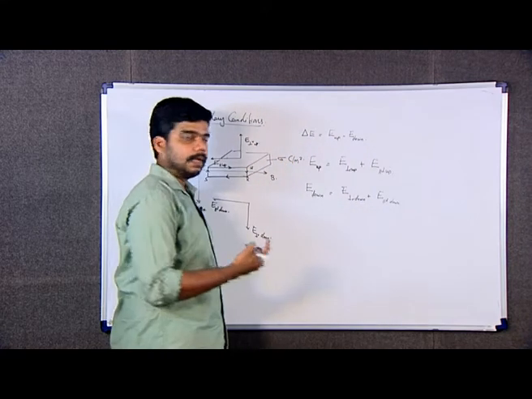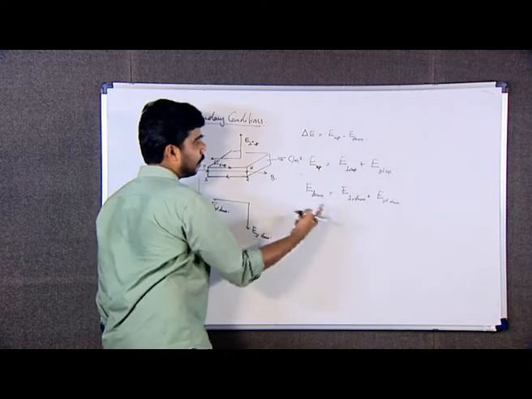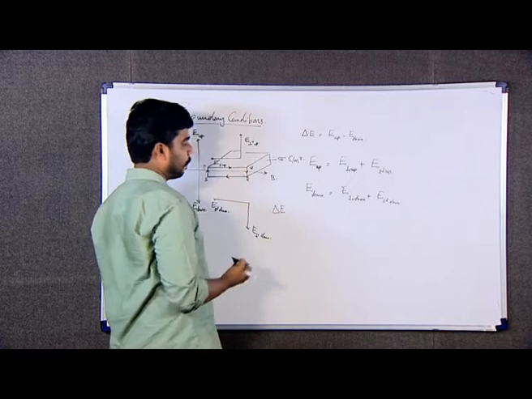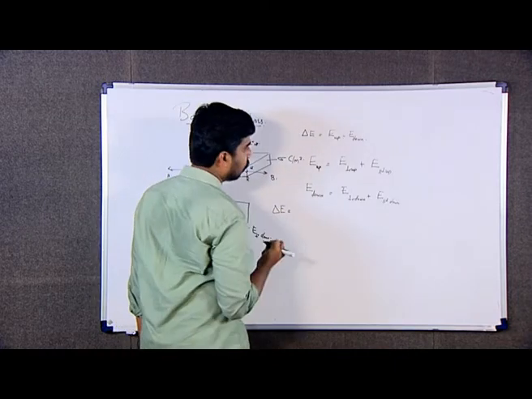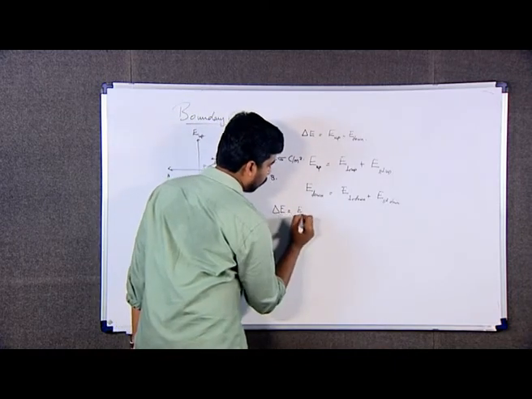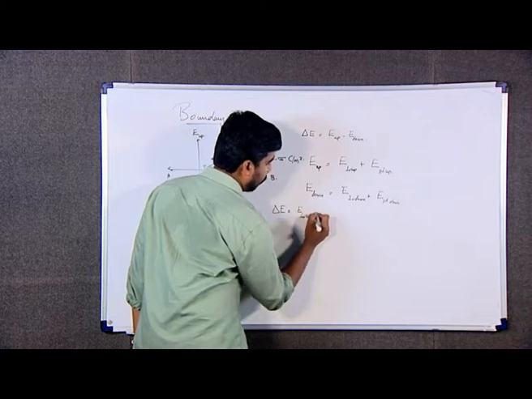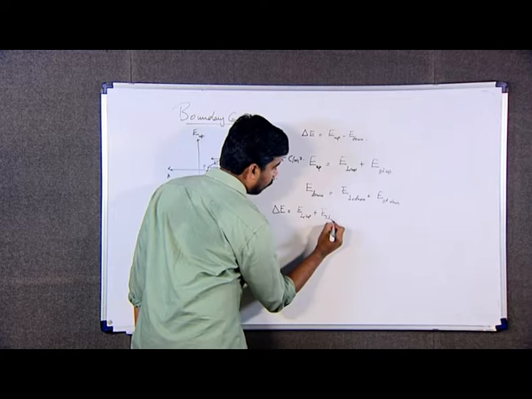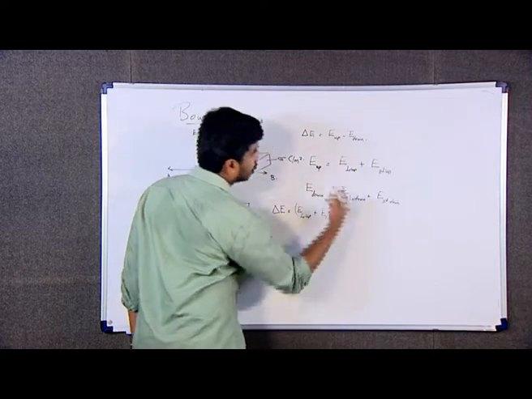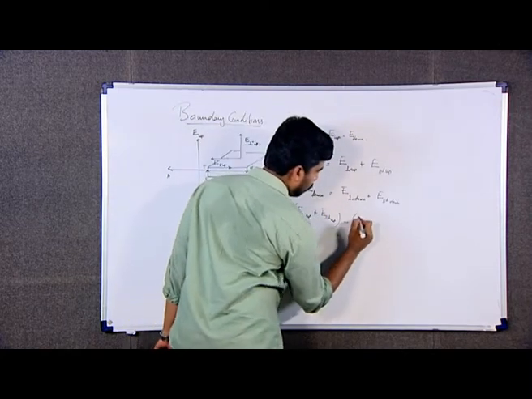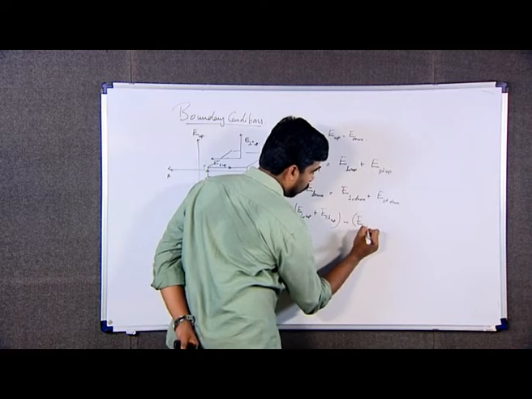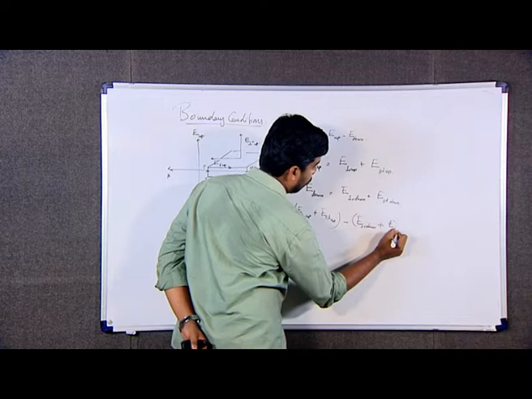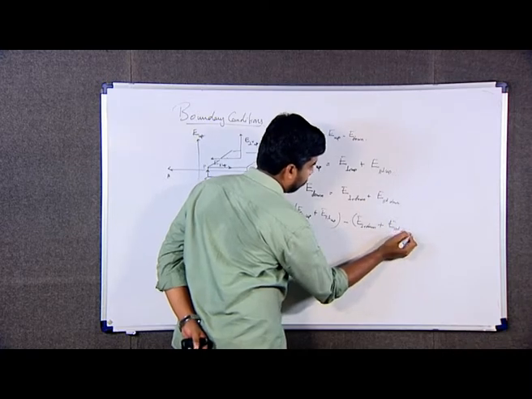So we know that you can club these equations and you will get an expression for delta E, where delta E is equal to E perpendicular up plus E parallel up minus, for the down component, E perpendicular down plus E parallel down.